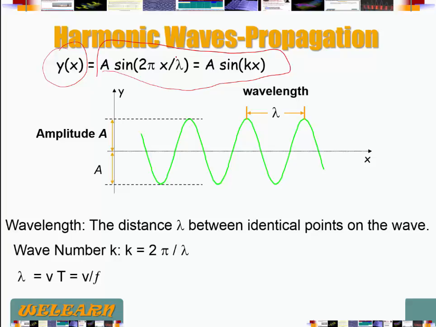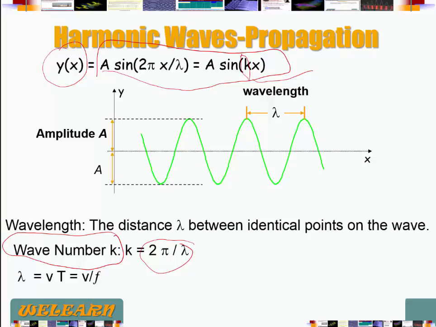Either 2 pi x over lambda or kx. So k is the equivalent of the angular frequency. We call it the wave number, k. And k is equal to 2 pi over lambda. Lambda is what we call the wavelength, the length of a wave. That's what the wavelength is.